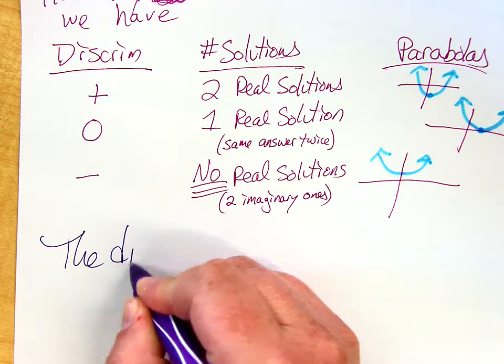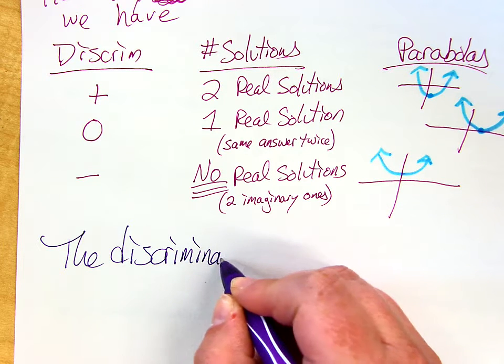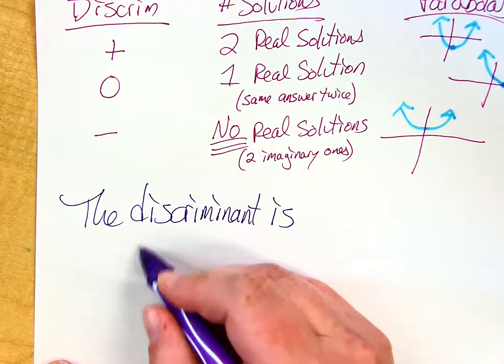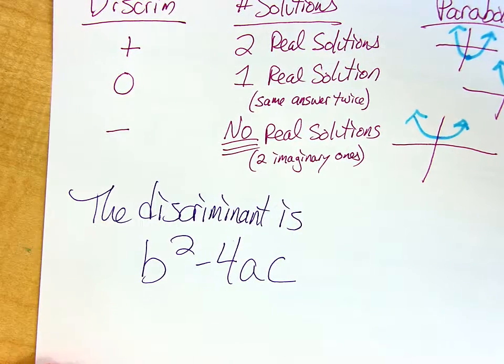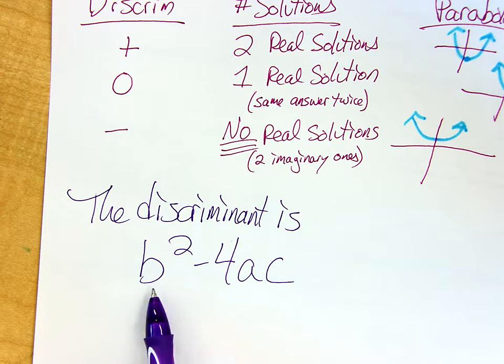The discriminant is b squared minus 4ac. So you remember quadratics, each one has a, b, and c. So you just take those values, b squared minus 4ac, and see what the answer is that you get out.